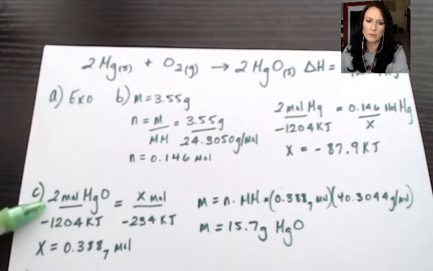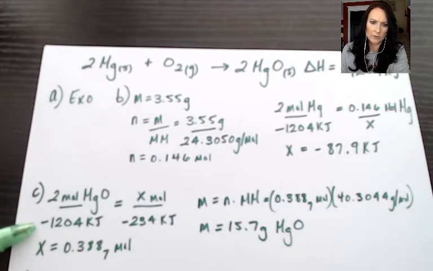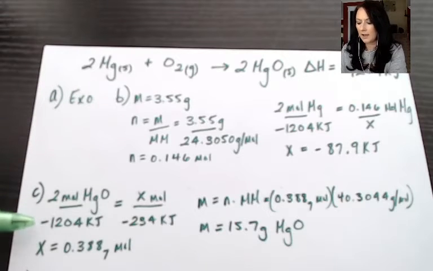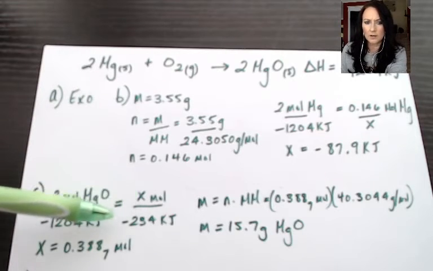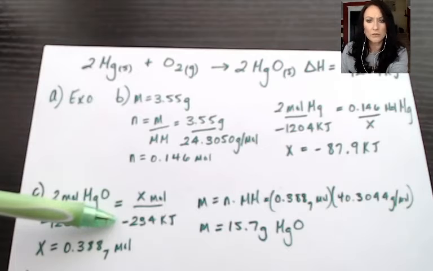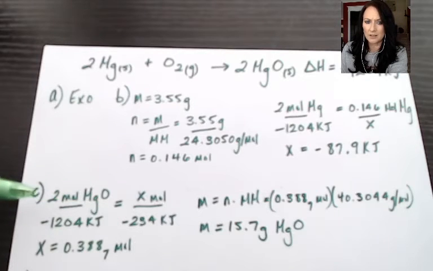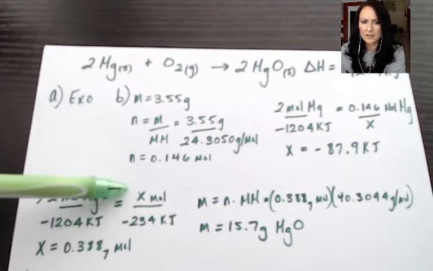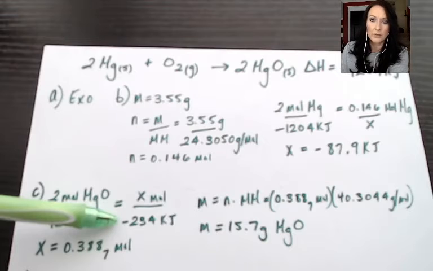So 2 moles of magnesium oxide, when that is produced, it releases 1204 kilojoules. That's what I get from my equation. But again, I don't know how many moles are being released from 234 kilojoules. Obviously, it's going to be a bit less, right? 2 moles will release 1200, so I'm expecting quite a bit less if I'm only releasing 234.